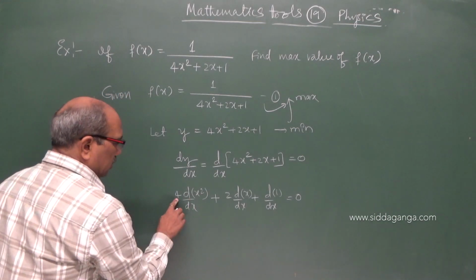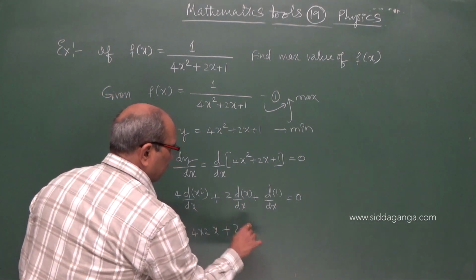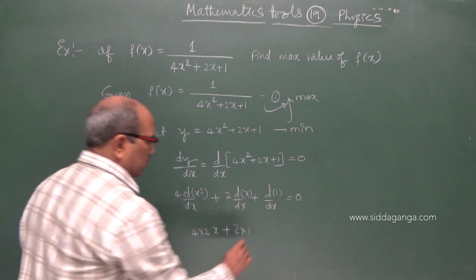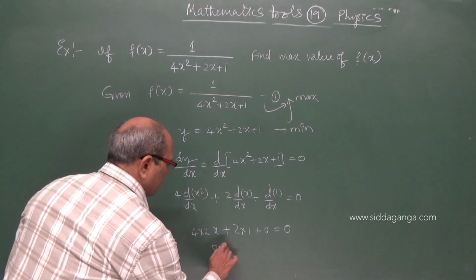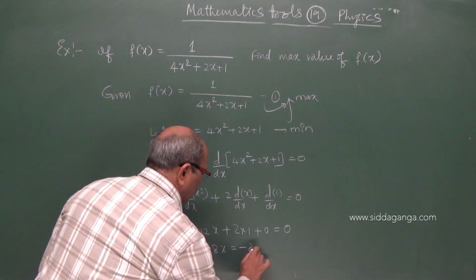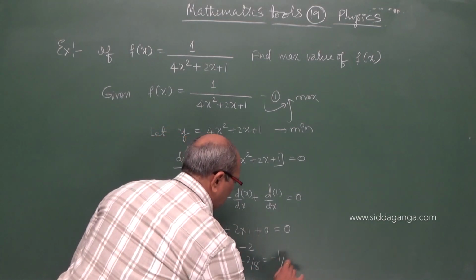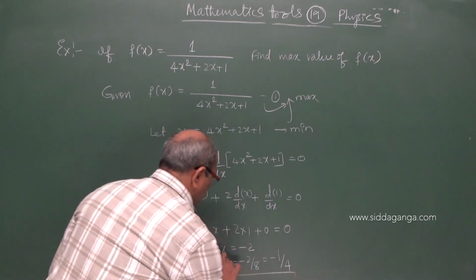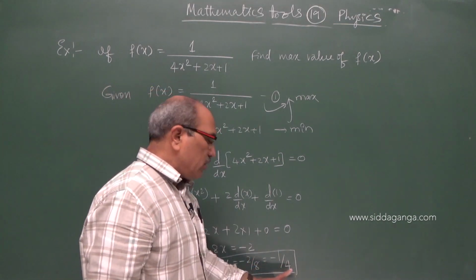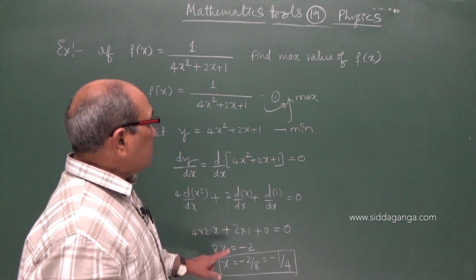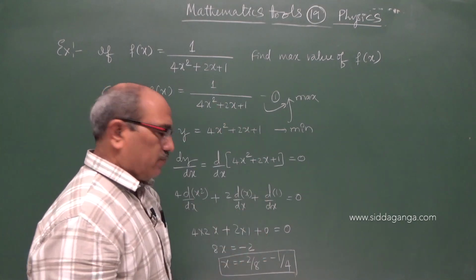That is 4 into 2x plus 2 into 1 plus 0, which is 8x plus 2. Taking 2 to the other side, x is equal to minus 2 by 8, or minus 1 by 4. This x value, minus 1 by 4, when substituted, makes the function maximum.